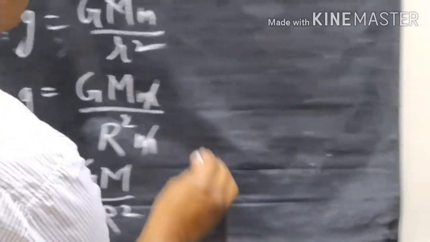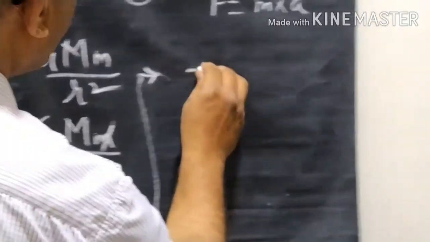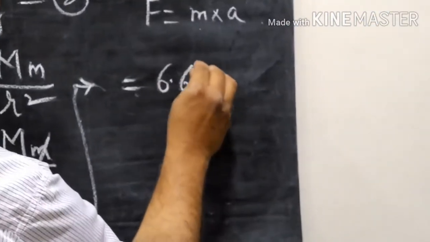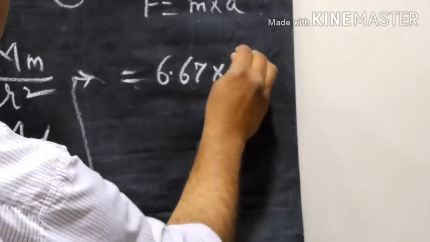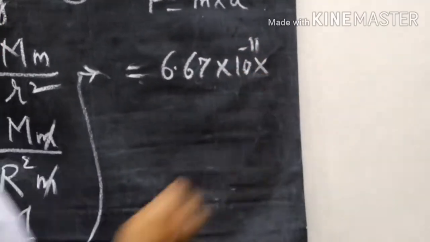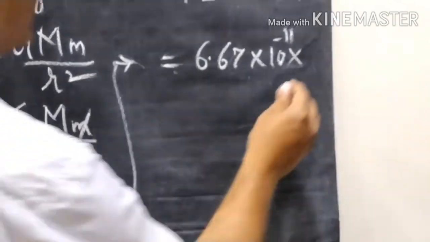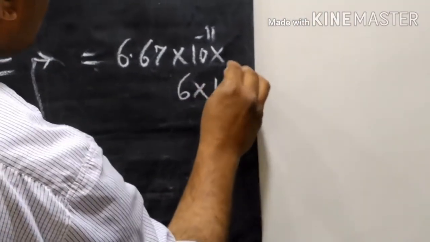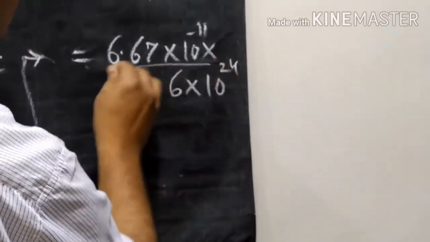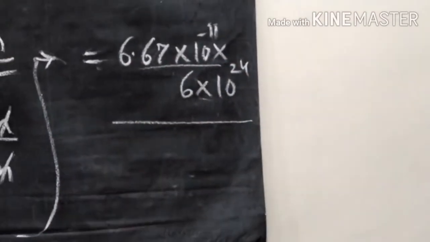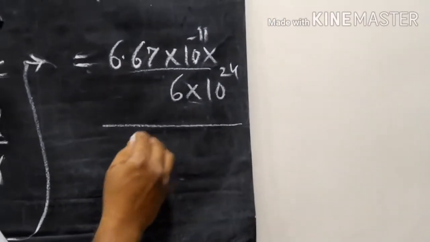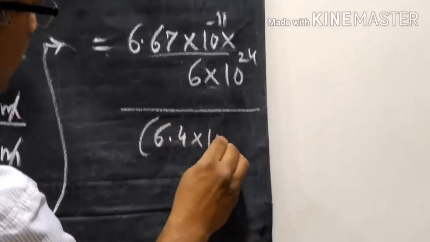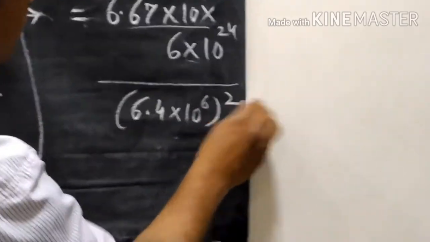Now put in the values. What is the value of G? We know that it is 6.67 into 10 raised to minus 11. What is the mass of the Earth? That is 6 into 10 raised to 24 kg. And R square, the radius of the Earth, is 6.4 into 10 raised to 6, whole square.